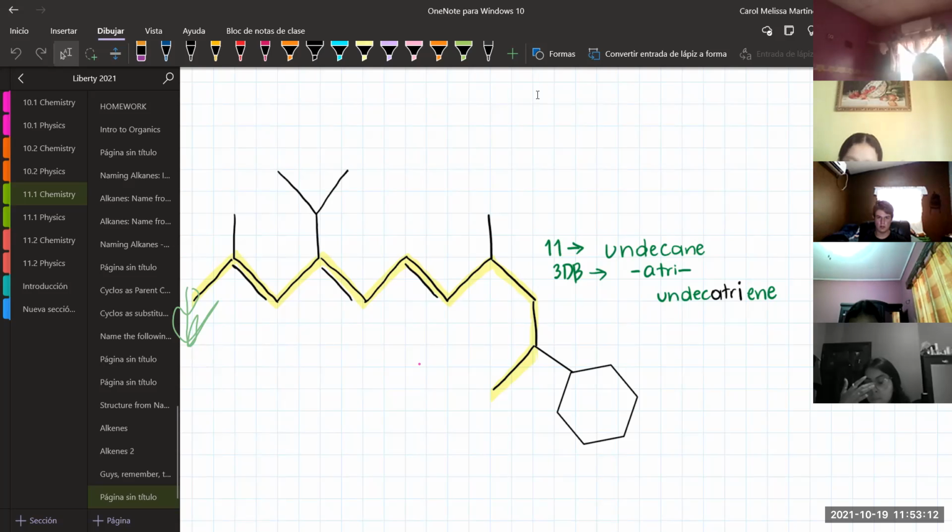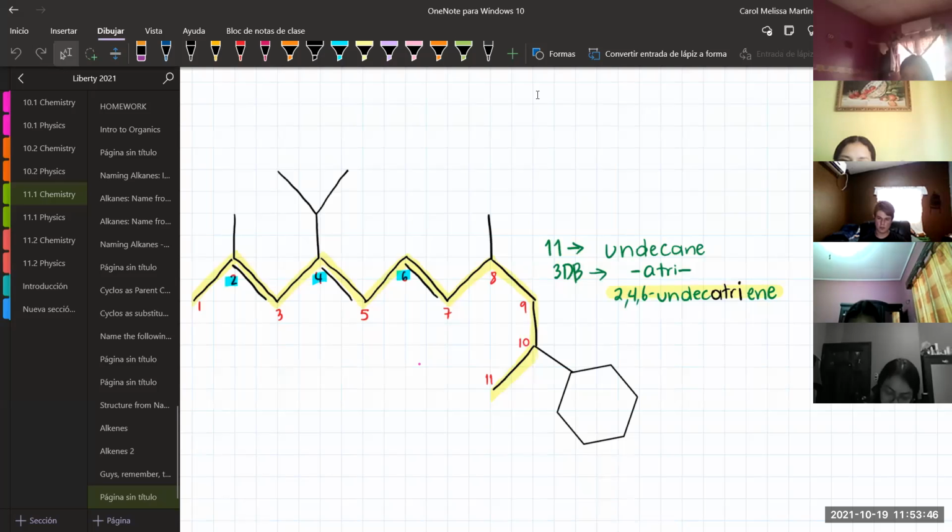So we say 1, 2, 3, 4, 5, 6, 7, 8, 9, 10, 11. Okay, so my double bonds are in positions 2, 4, 6. So the parent chain is going to be 2,4,6-undecatriene. That is the parent chain.